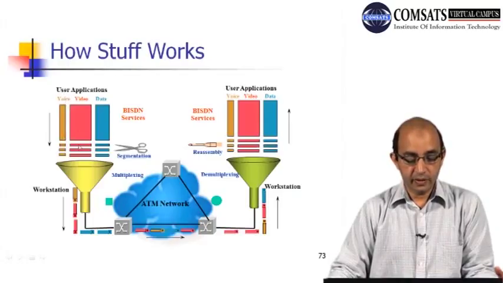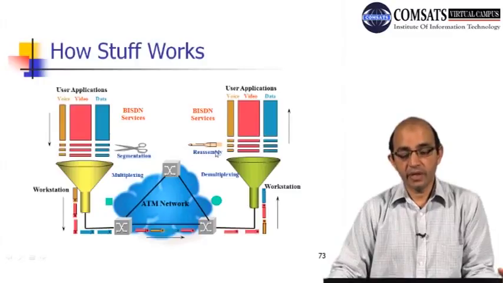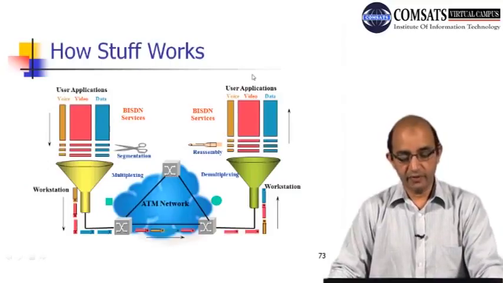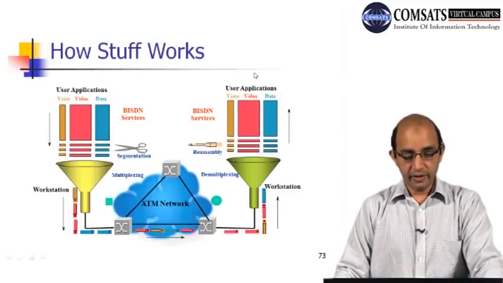So here we have segmentation and multiplexing of voice, video, and data, and then we have the ATM switching network. After that we have the same process in the reverse order: demultiplexing, reassembly, and then the user application on the destination side will be having the video conference, and if they are exchanging files, they will be able to receive the data.